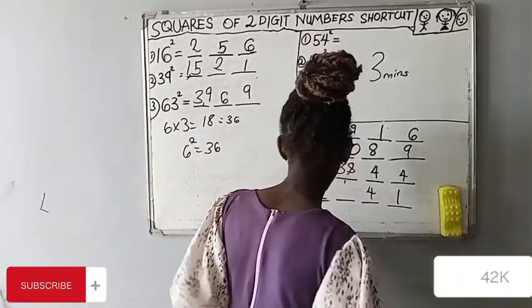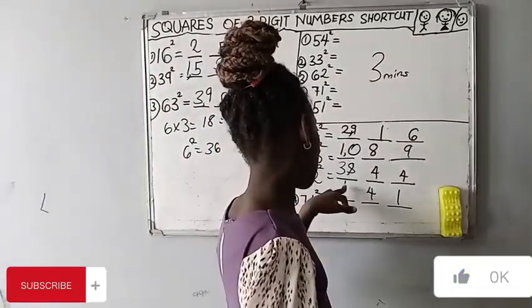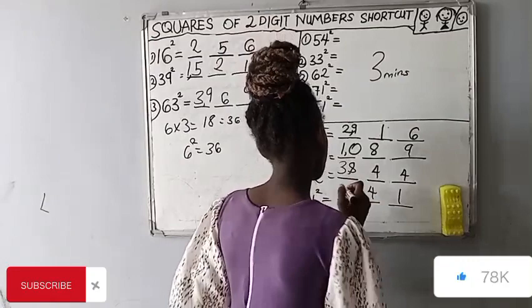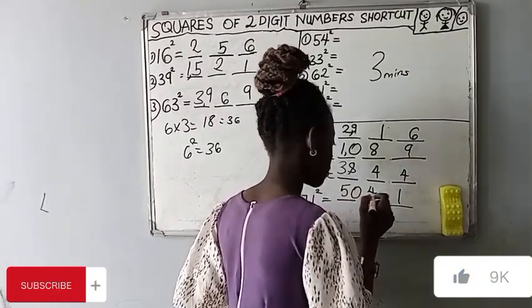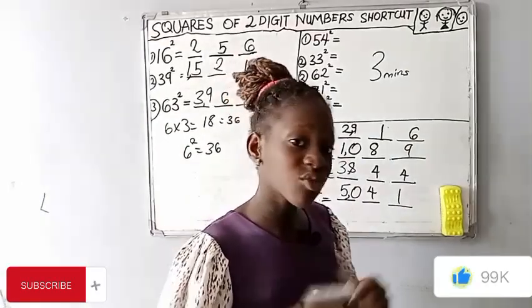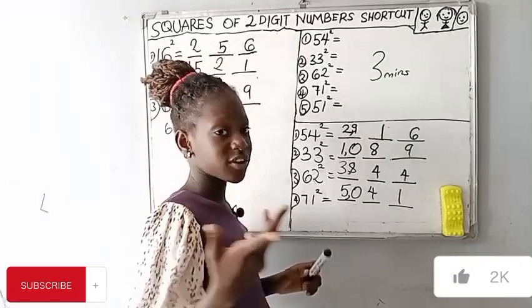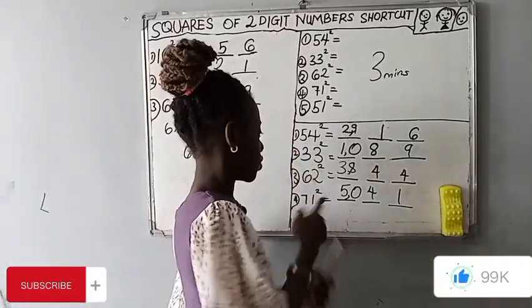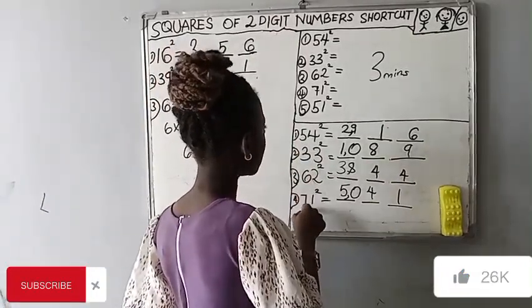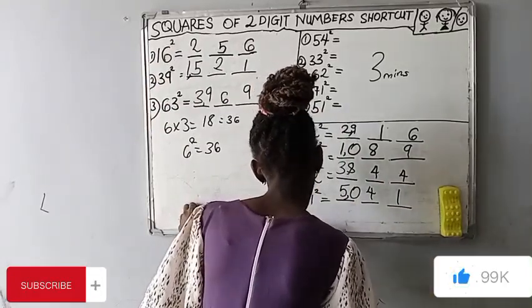Write 4, carry 1. 7 squared is what? 49. 49 plus this one is 50. 1, 2, 3. Now you know the essence of us refreshing our minds on the squares of numbers. Like these places, we need to find the square of 5, 3, 6, 7, and even 5 again.